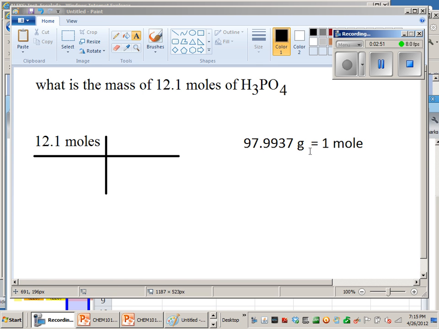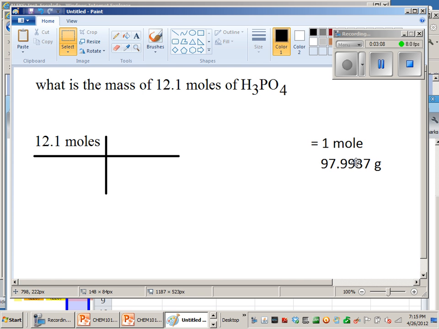I'll round this at the end. This isn't in sig figs, obviously. I can use this to create a conversion factor. I could either multiply by 1 mole over 97.99 grams, or I could multiply by 97.9937 grams over 1 mole.